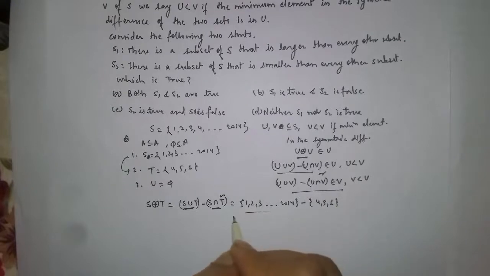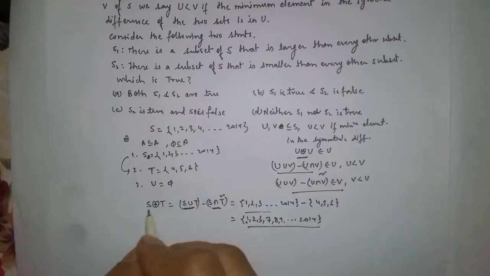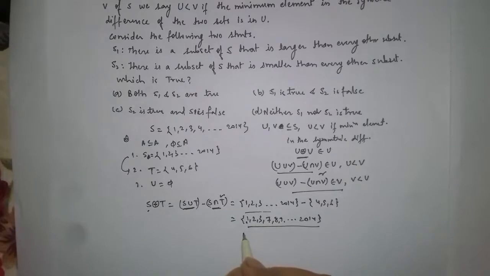We will get 1, 2, 3, then 4, 5, 6 excluded, 7, 8, 9 and so on. So the minimum element in this set is 1 and it belongs to set S. So from here we conclude that set S is less than set T.